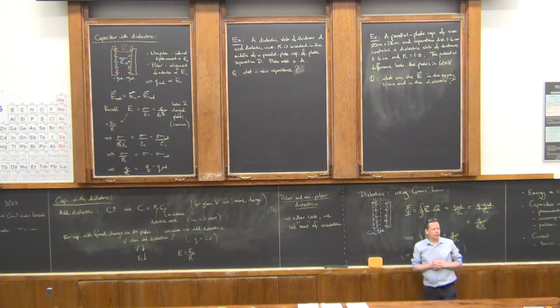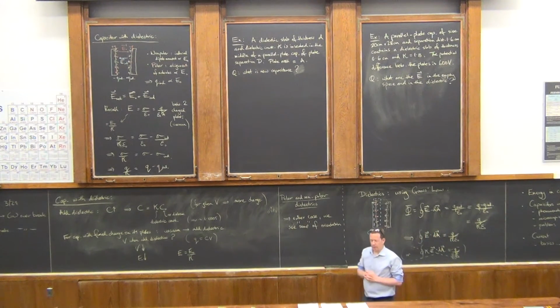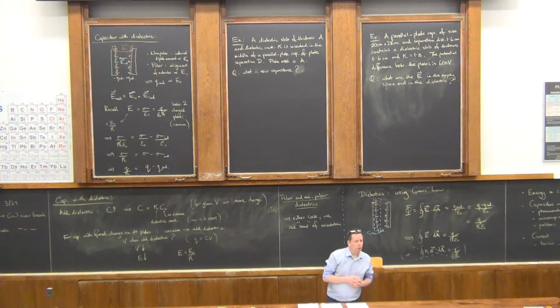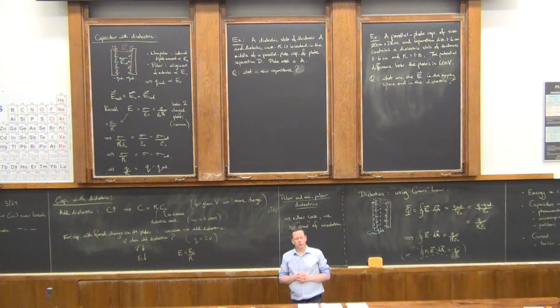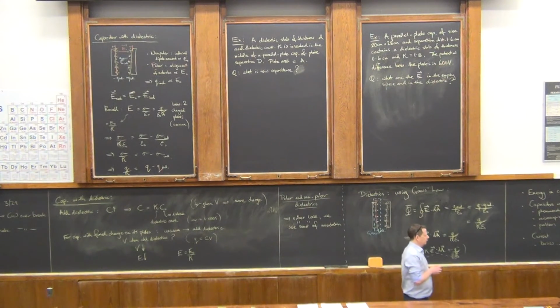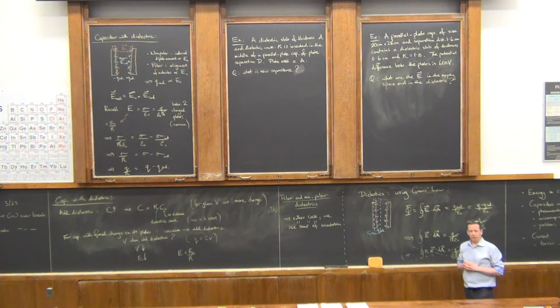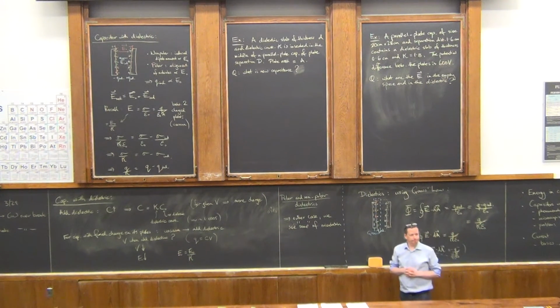You know enough now from basic thermodynamics or kinetic theory to know what's going on when the temperature of a material increases. Given what you know, would you expect dielectric constants, these kappa parameters, to increase or decrease or stay the same as I increase the temperature of my setup?